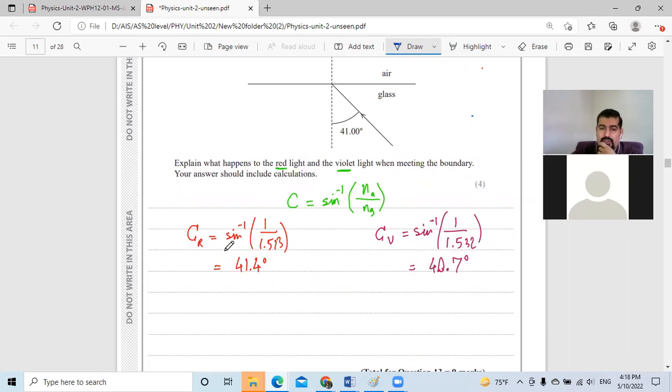Now, as you can see, one has a critical angle more, and one has a critical angle less. So the critical angle for red is more than this, so the red light will refract in the air. Red light will what?